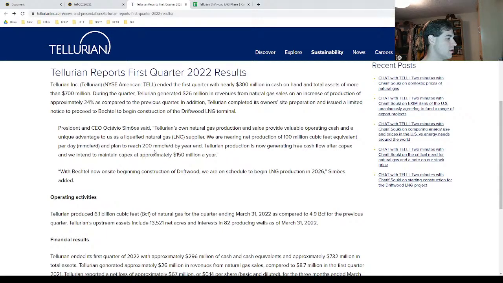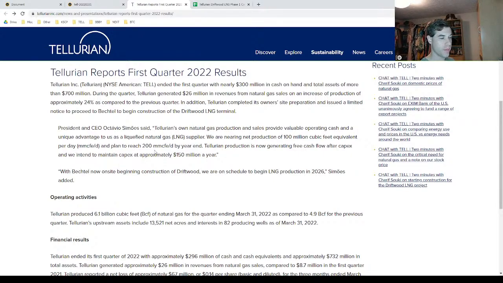What I'm using for the model today is: what if they do not acquire anyone, use what they have now, and just grow their production at the same rate that they are expected to this year, right?